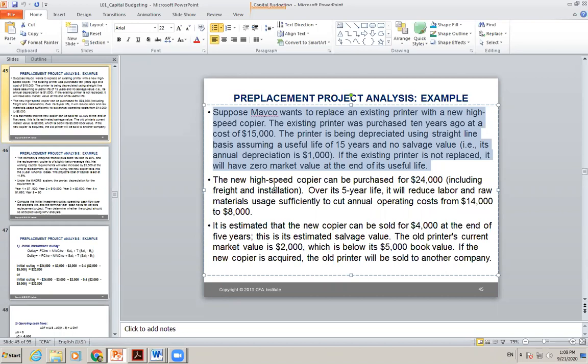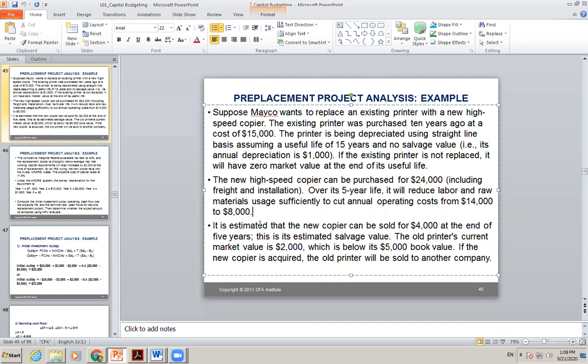You bought it because you wanted to reduce labor and raw material usage sufficiently, so that your operational cost will be cut from 14,000 to 8,000. So you are actually going to save 6,000 every year.